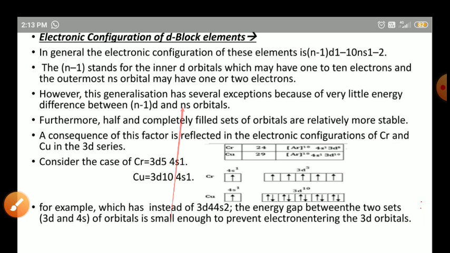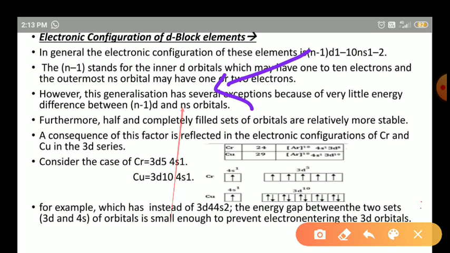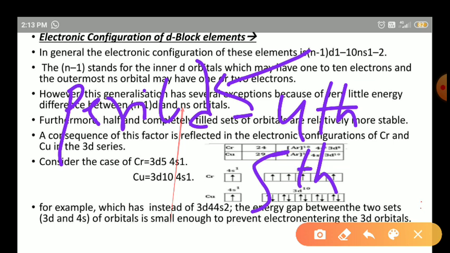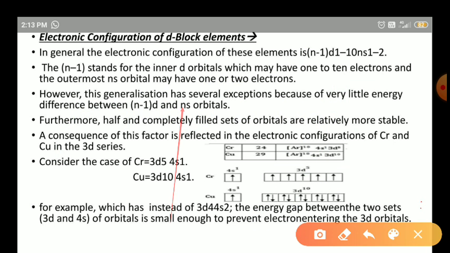Here n, whether it is the fourth, fifth or sixth period, and n minus 1.